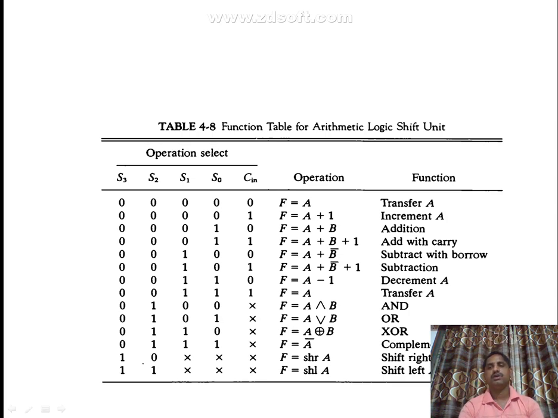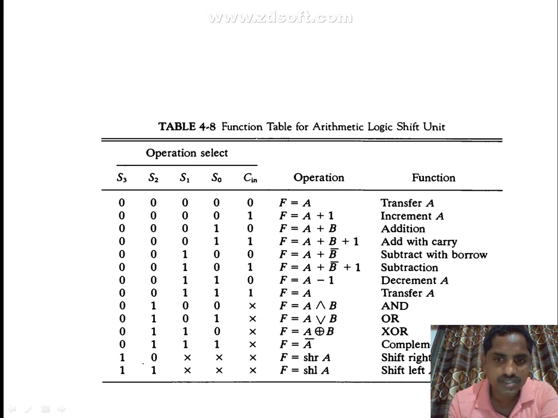See here the first 8 operations are the arithmetic operations, that is S3, S2 equal to 0 0.